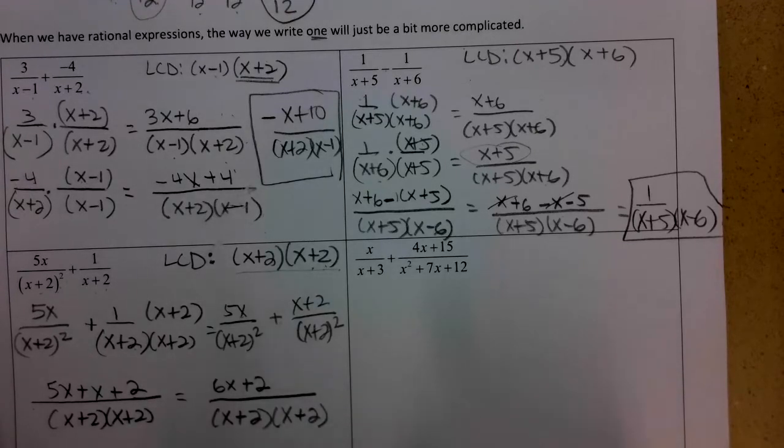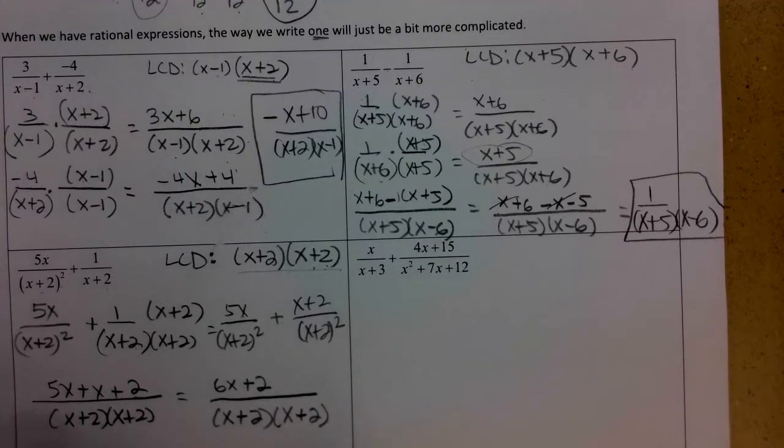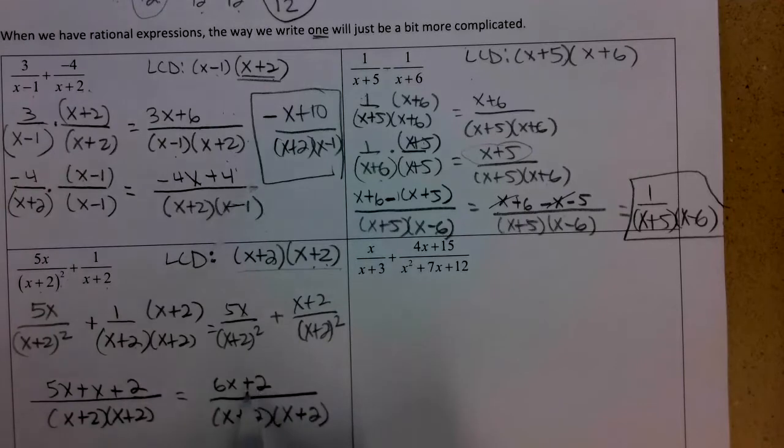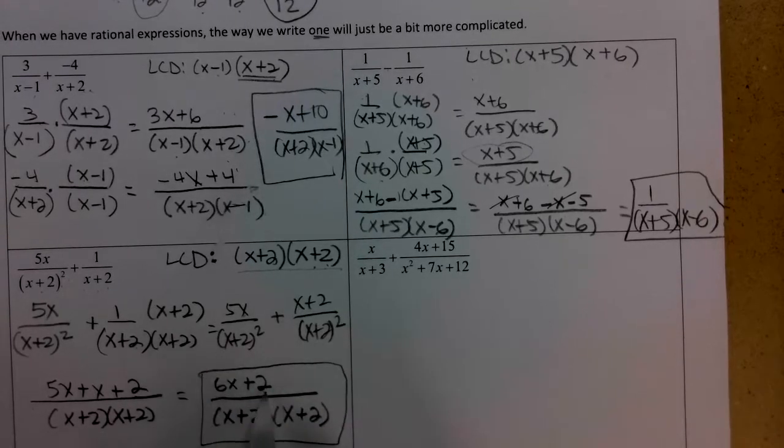Now, I don't know if you heard my pause in my voice just a second ago, but I feel like, oh dear, am I going to have something that I have to factor and reduce? So since this is a 6x plus 2, we're going to do a little mental factoring. So we're going to factor the 2 out of both the 6x and the 2 to see if there's something common left in the bottom that we could reduce, right? And there's not. So that's as good as it gets.